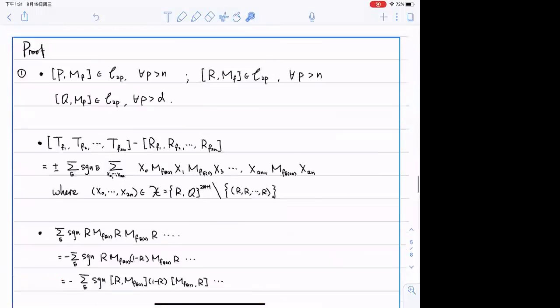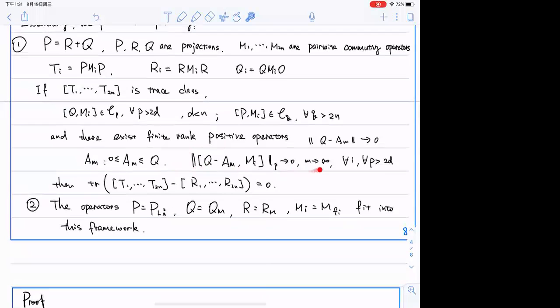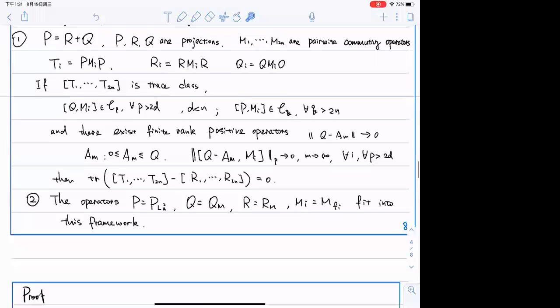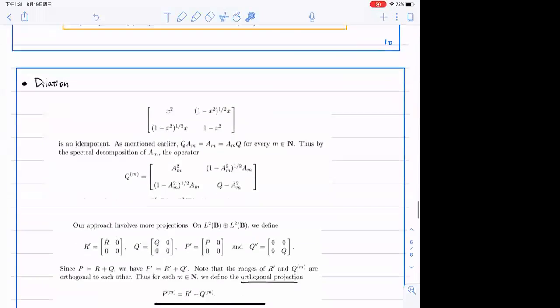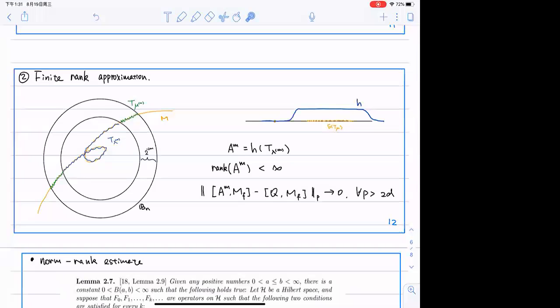And the second part of the proof involves proving that your operators fit into this framework. Essentially, we want to prove this kind of estimate. Let me show you what our candidate for the finite rank approximation is.